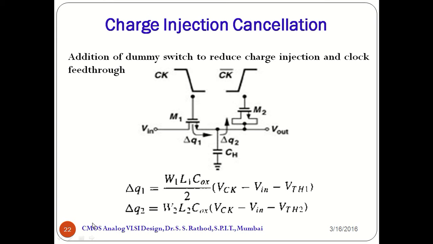Since what we want is that delta Q2 is equal to W2 L2 Cox Vck minus Vin minus Vth2, what we have to choose is that W2 should be equal to W1 by 2, that is W2 is equal to 0.5 times W1, and L2 should be equal to L1. If this is true, then delta Q2 will be equal to delta Q1. Thus, the condition is W2 should be equal to 0.5 W1 and L2 should be equal to L1.